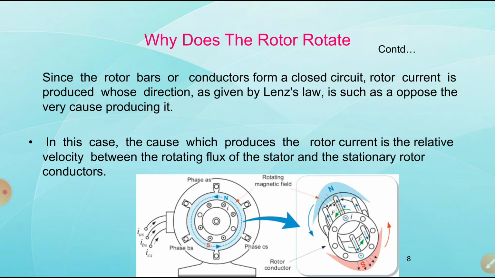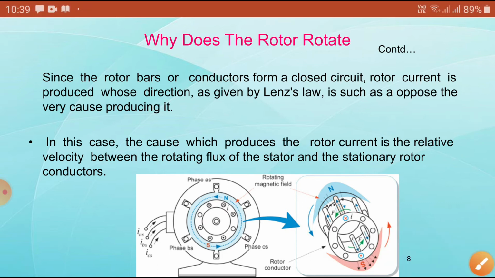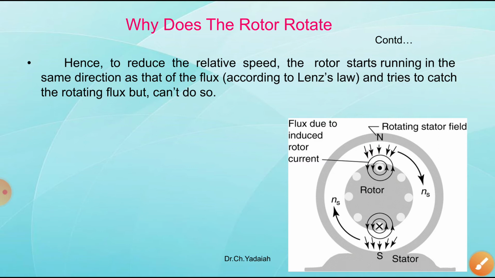Hence the relative speed should be reduced. To reduce the relative speed, the rotor starts running in the same direction as that of the flux, according to Lenz's law, and tries to catch the rotating flux, but it cannot do so.